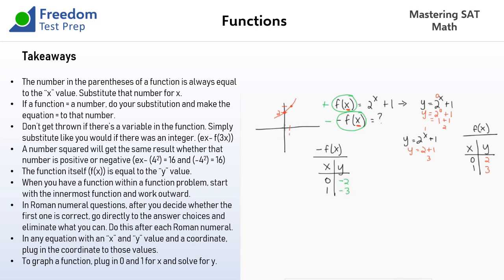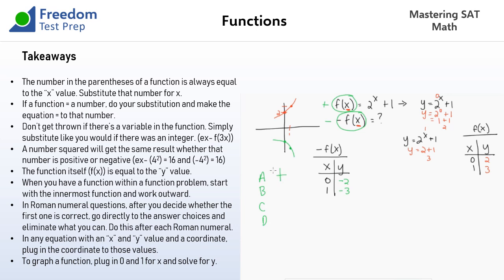Okay, so we have 0, negative 2 now. And now we have 1, negative 3. It's going to go down. So our curve is going down like that. And what is the curve? You would have various looking curves.